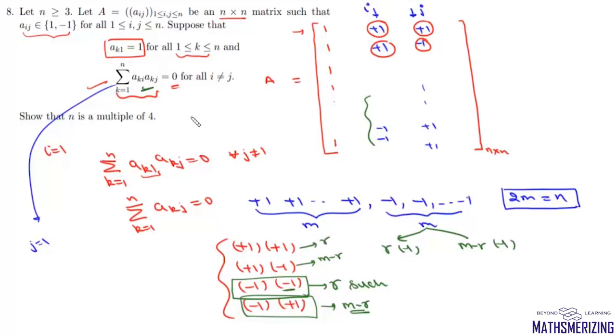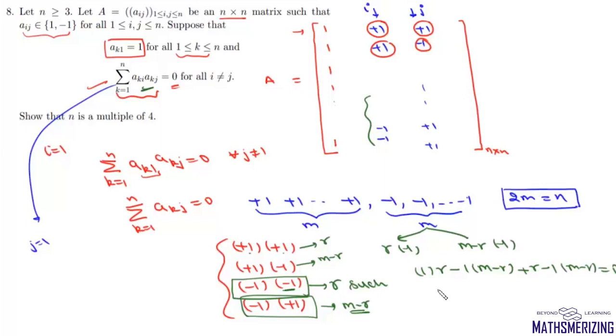Now if we add all these products, then we have, this is plus 1 into plus 1, so 1 into r. Now this is minus 1, so it'll be minus 1 into m minus r, and then again plus r, and here it'll be minus 1 into m minus r, and again it'll be simply 0.